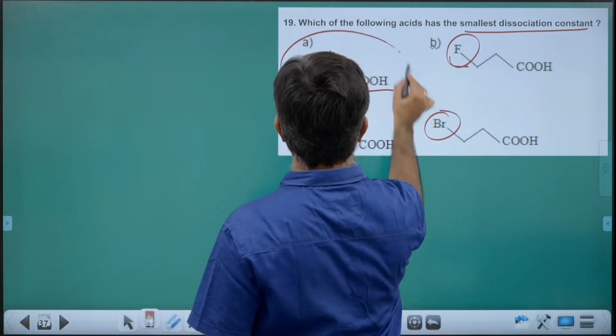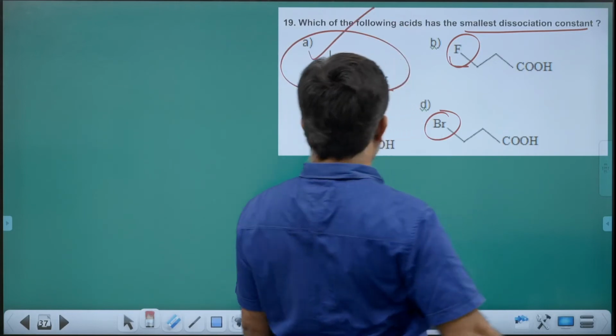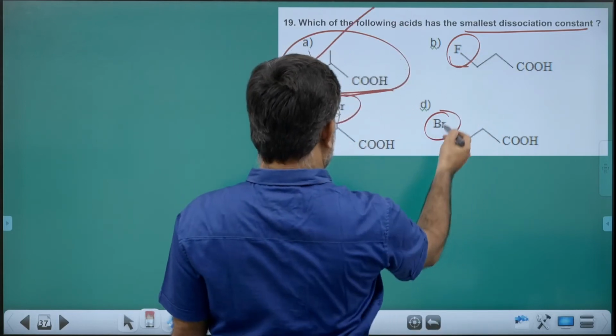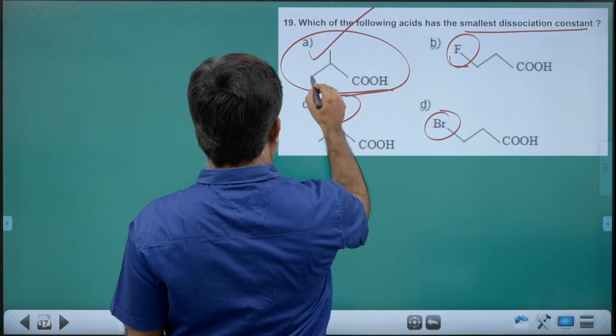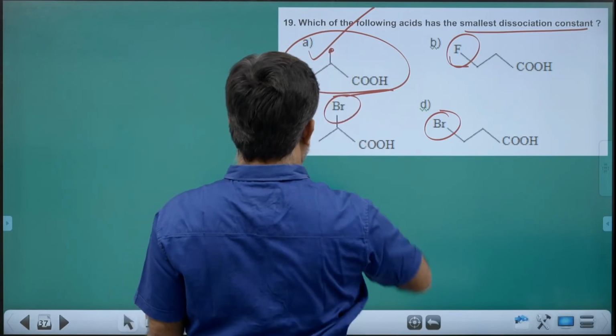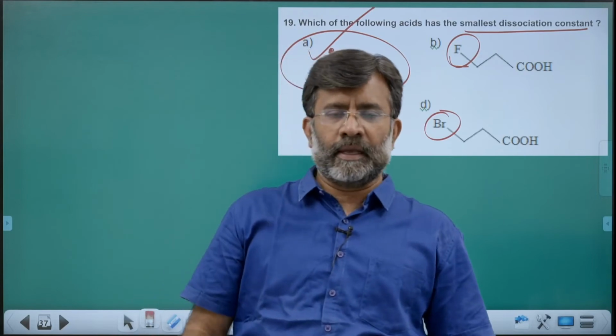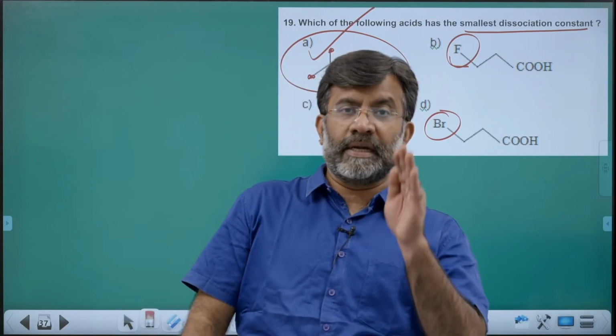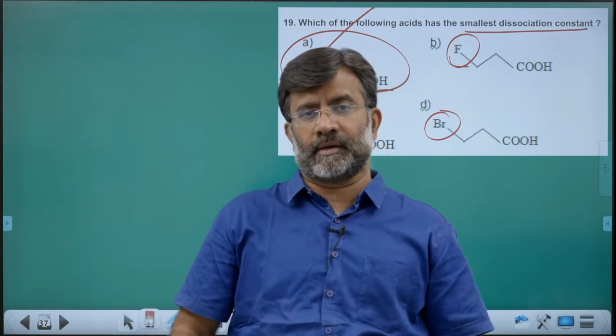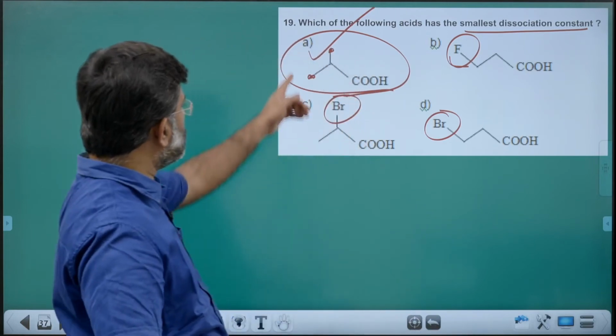This is an electron withdrawing group, while this is an electron donating group. Electron withdrawing group increases the acidic character. Electron donating group decreases the acidic character. So the answer is option A.